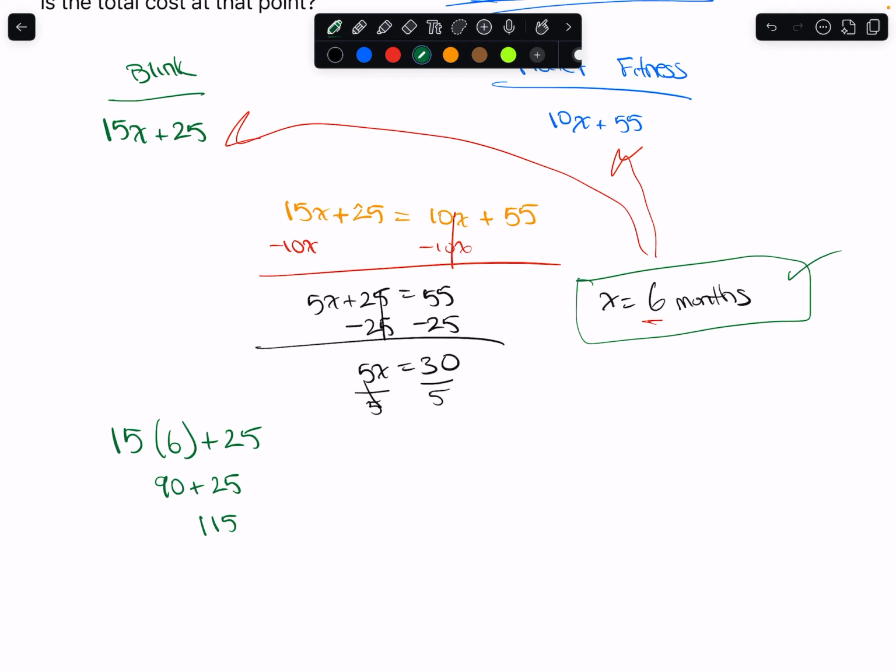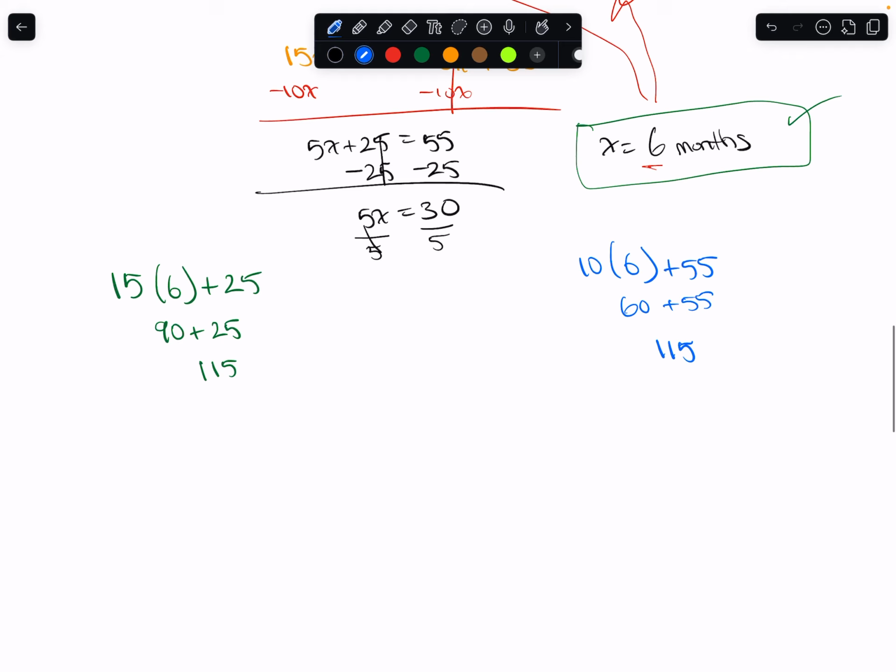And on the other end, for Planet Fitness, 10 times 6 plus 55, 10 times 6 is 60 plus 55, which is also 115. So it doesn't matter which answer we pick, the total cost at that point would be $115.